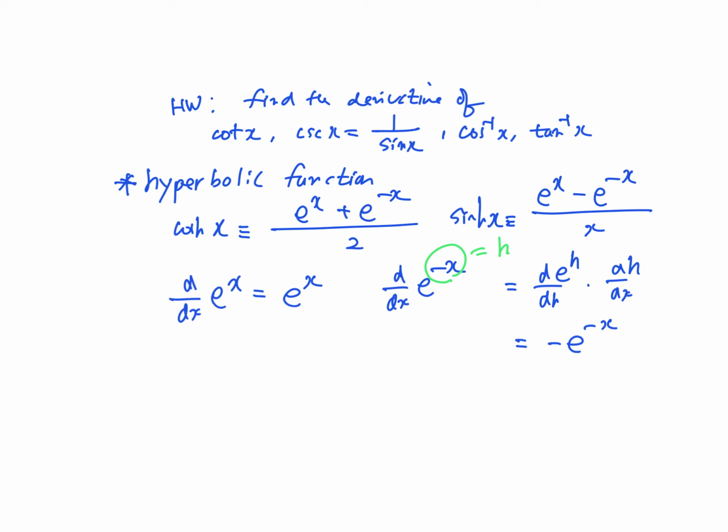So therefore, d/dx of cosine hyperbolic x is (e^x minus e^(-x)) over 2, which is sine hyperbolic x.